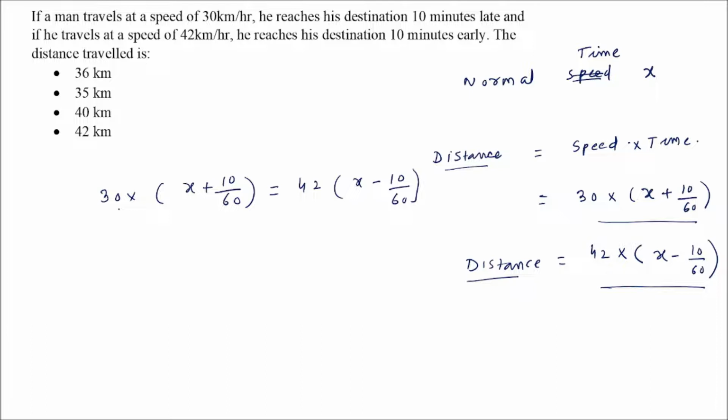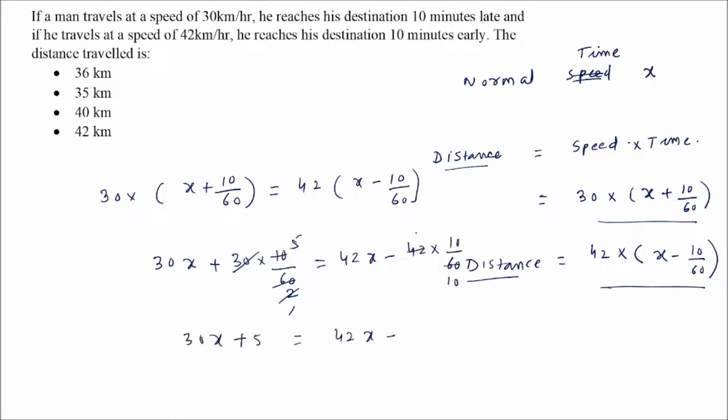So it is 30x plus 30 into 10/60 is equal to 42x minus 42 into 10/60. So 30, 2 ones are 2, 2 fives are 10, it will be 30x plus 5 is equal to 42x minus 7.